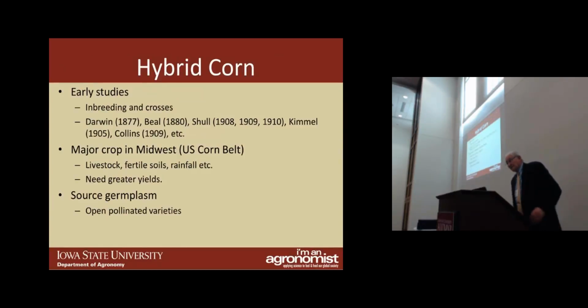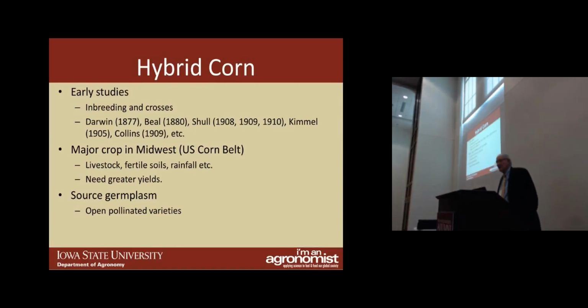Early studies. All this is done, as I showed you a couple of slides ago, nothing was done about yield. There had been suggestion of variety crosses by Beal in Michigan in 1880.